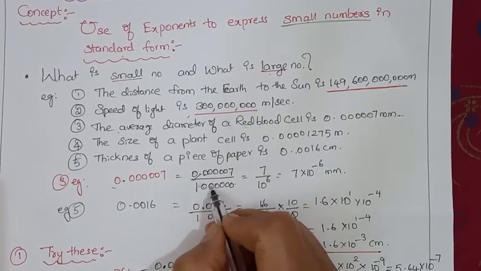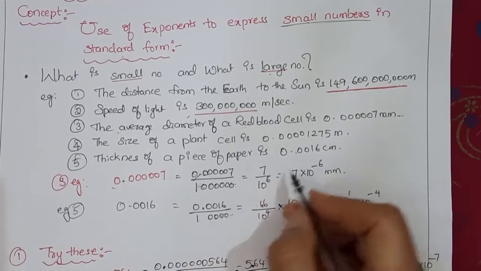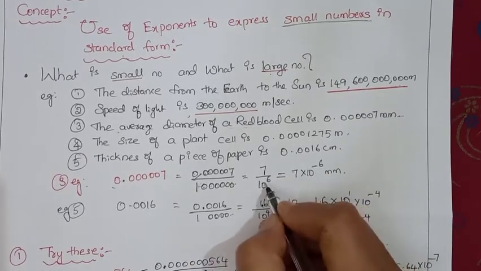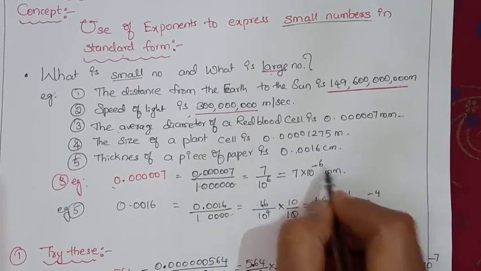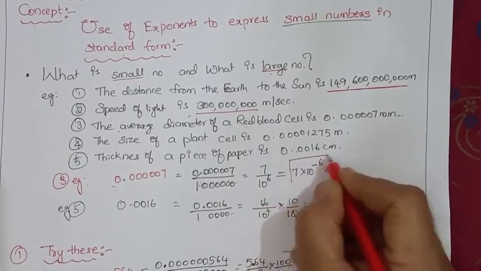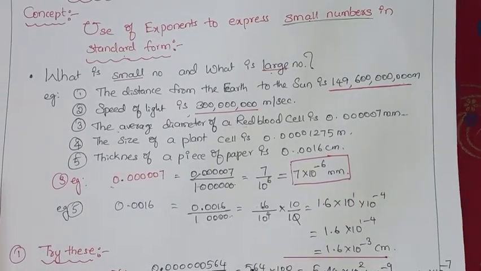Now 1, 2, 3, 4, 5, 6, I'm converting into base 10, 10 to the power of 6. This can also be written as 7 into 10 to the power of minus 6 millimeter. This is called the standard notation of a smaller number. So a smaller number will have negative exponents.